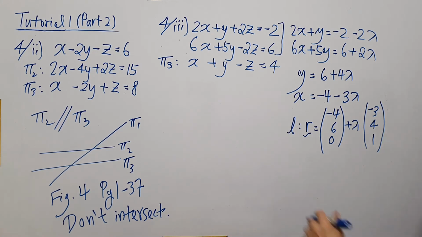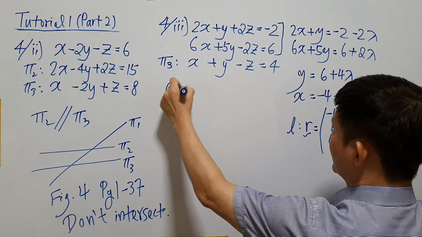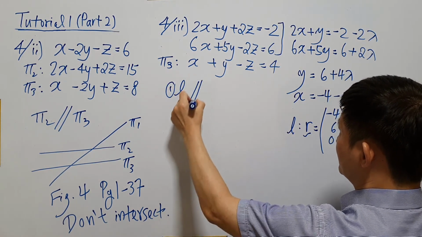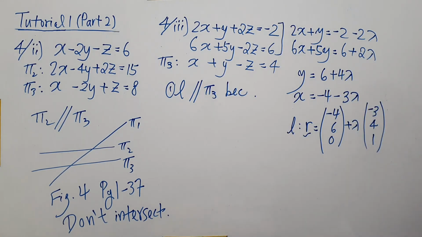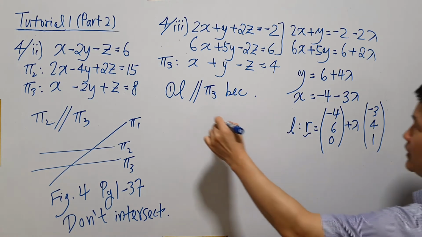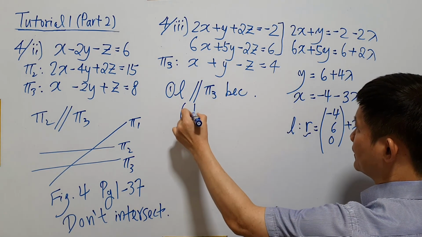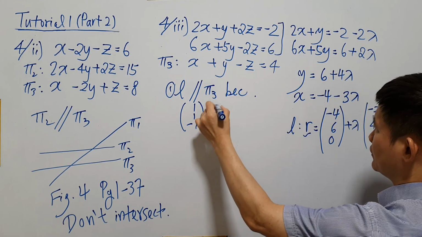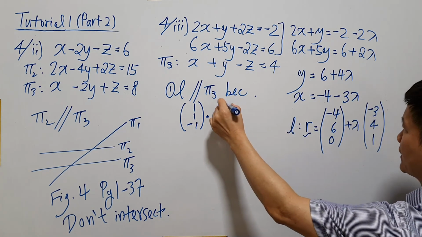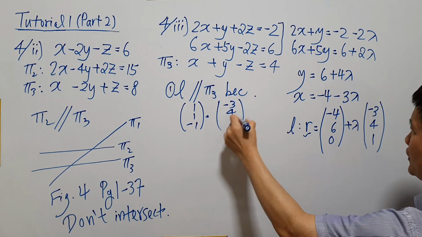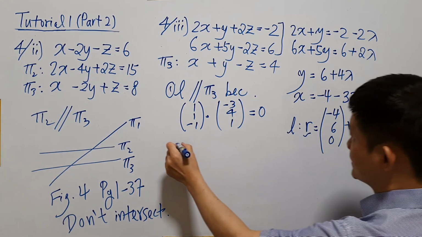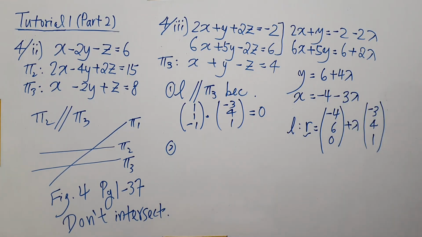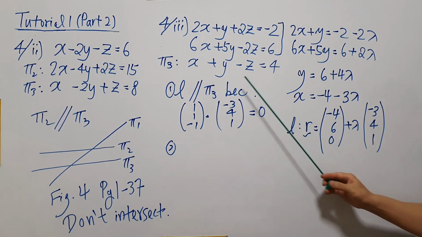And we found that the line L is actually parallel to pi 3, because if you take the normal vector of the third plane and dot product it with the direction vector of the line, you actually get 0. So therefore, I know that the line L is parallel to the third plane. So the next thing I do is check: is this point on the line also on the plane?